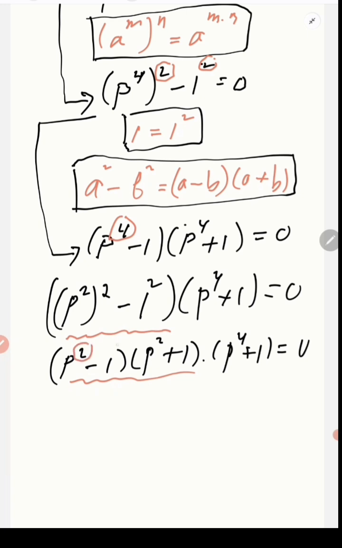Again and again, this part I can write as p minus 1 times p plus 1, and the rest.